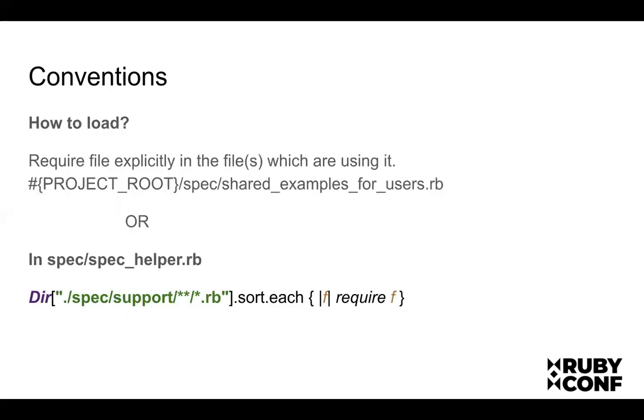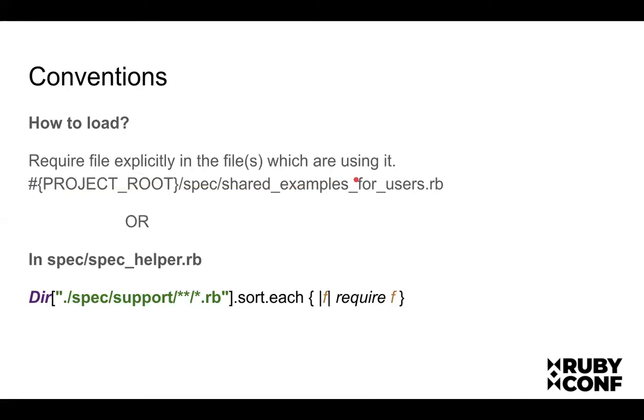As I told you earlier, these things can't be called or required on their own, so we have to do that. One way is to require them explicitly in the file which needs them. If I write the require statement above my spec file, like in the model spec, and then add this line, it will require the specific example.